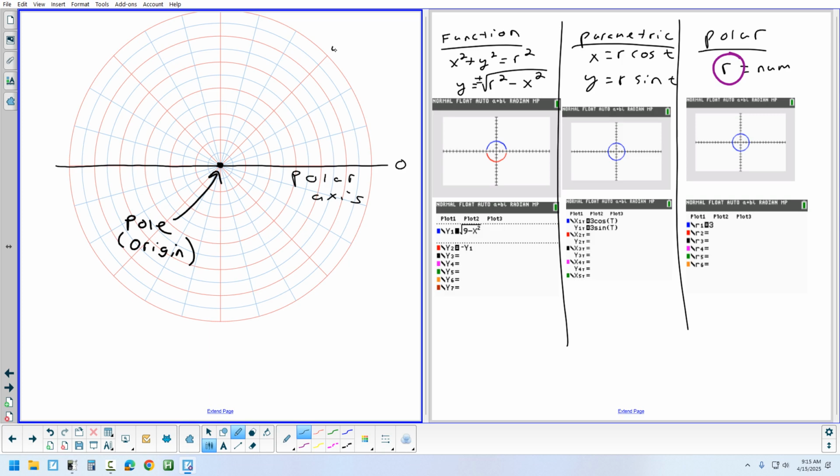So this is 0, that's 45, and that's 90. As you rotate, each radial line from the center represents 15 degrees. Some graph paper has more, some has less. It just depends.